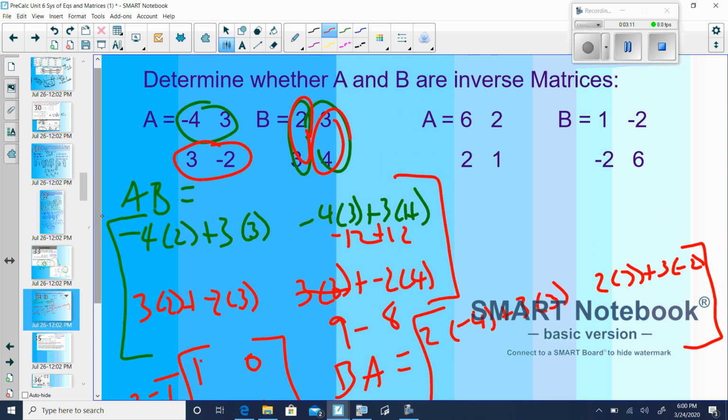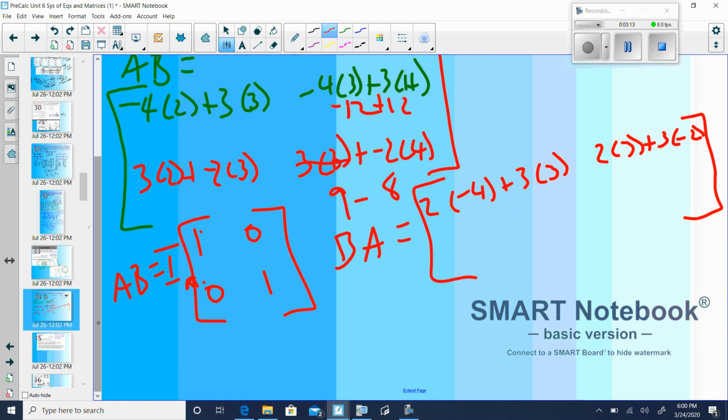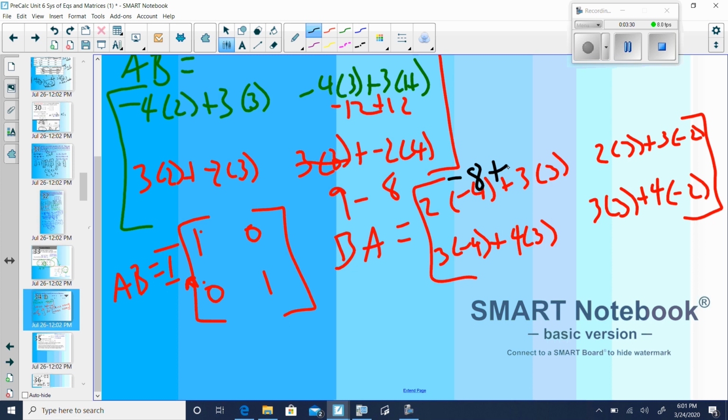And then we come over here, so 3 and 4. So 3 times -4 plus 4 times 3. Then we have 3 times 3 plus 4 times -2. -8 plus 9. -12 plus 12. 9 minus 8. 6 minus 6.